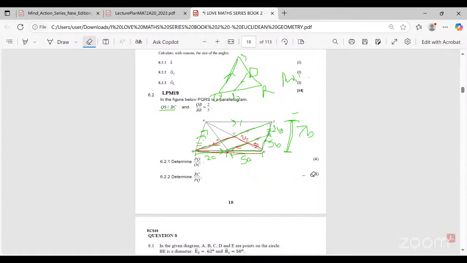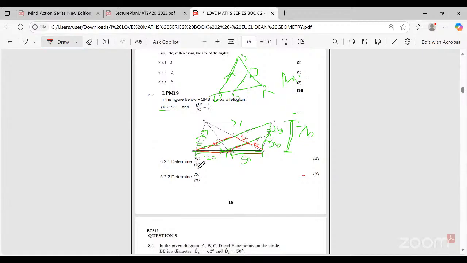Let's do this. Then we want PQ. That's what we are required to find. PQ over OC. Then what is PQ? PQ is the same as, or in fact, because we're going to give some reasoning, on the other side you can say PQ is equal to SR, opposite sides of a parallelogram are equal.